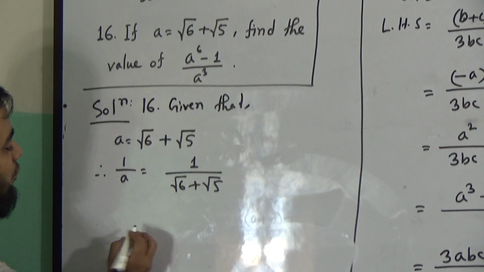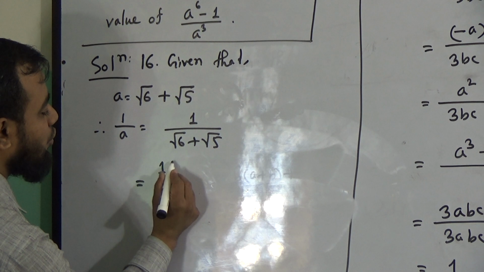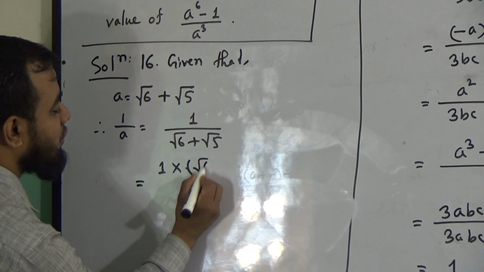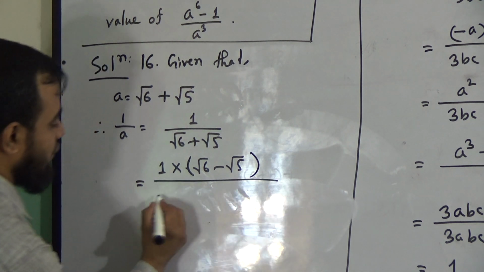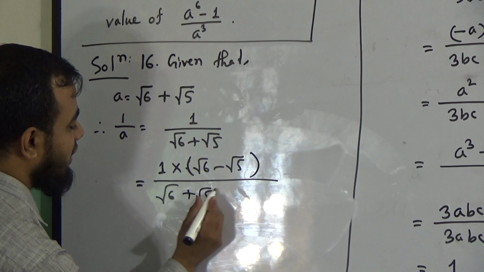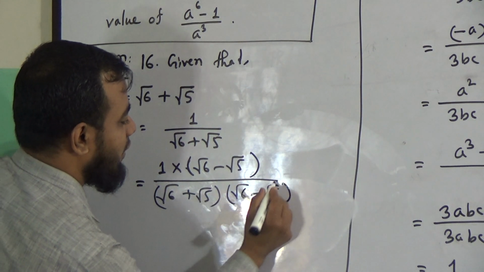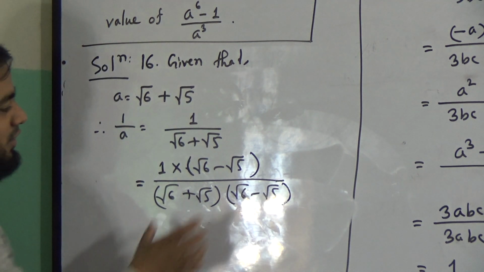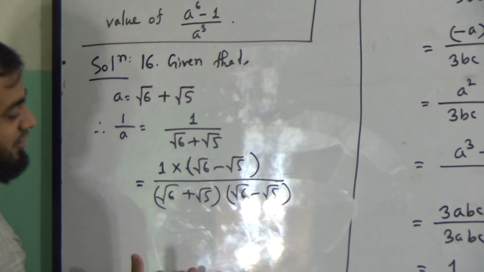To omit this one, we need to multiply the numerator and denominator with square root of 6 minus square root of 5, and the value remains unchanged.